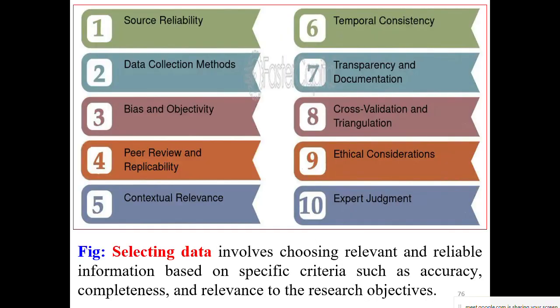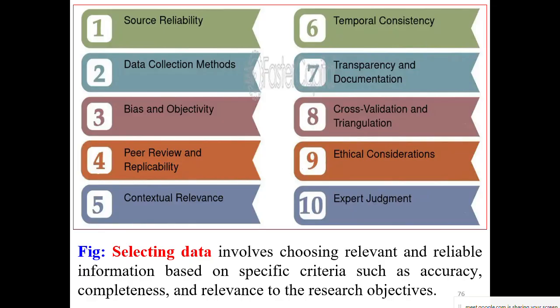Then we have selecting data, like source reliability, where we are getting the data, and data collection methods, through interviews and questionnaires. Source reliability means GitHub, Kaggle, and UCI repositories.